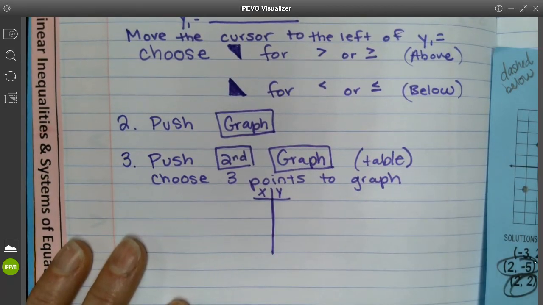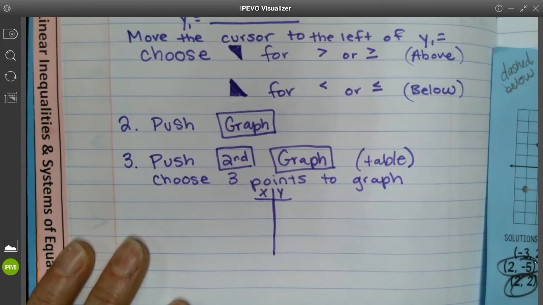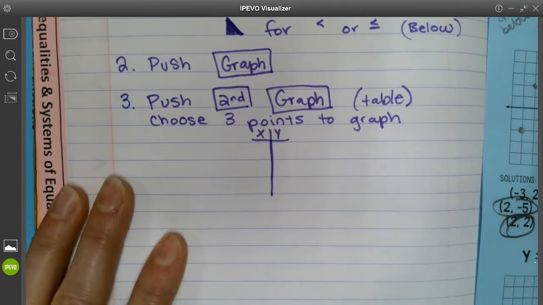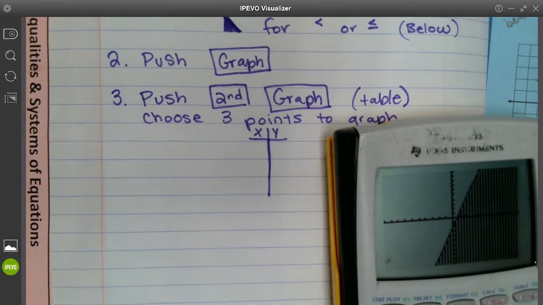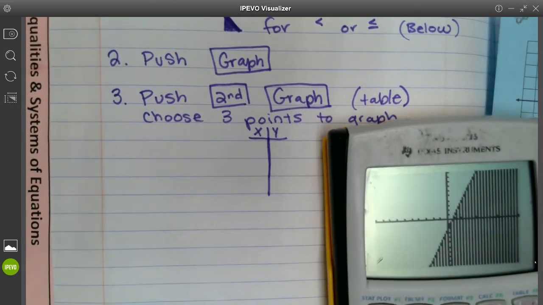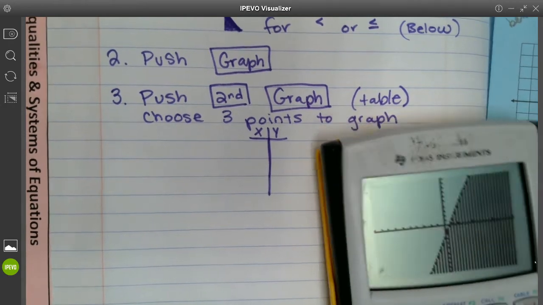As long as they're whole numbers, you can graph them. And it's going to graph it on the line. That way you can make your line. If you have 3 points, you can make your line. So, y'all ready for me to show you on my calculator?